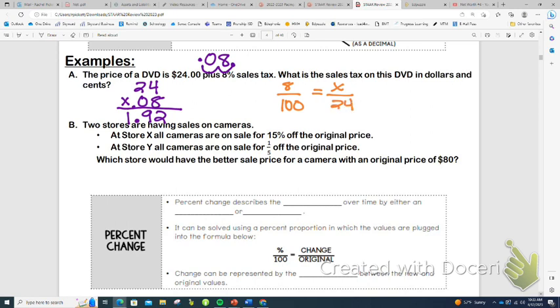Then you would solve this proportion using one of the methods we reviewed yesterday, and you would still get 1.92. So whichever way is easier for you is fine.